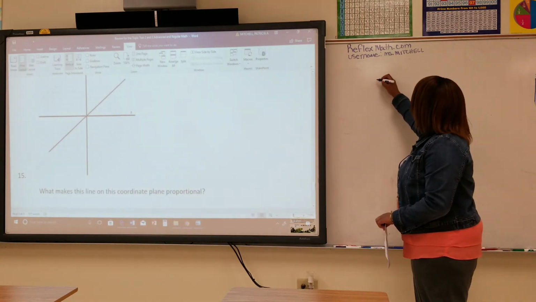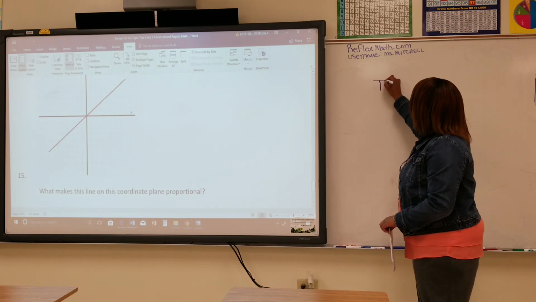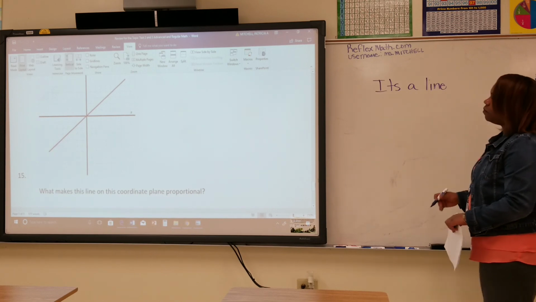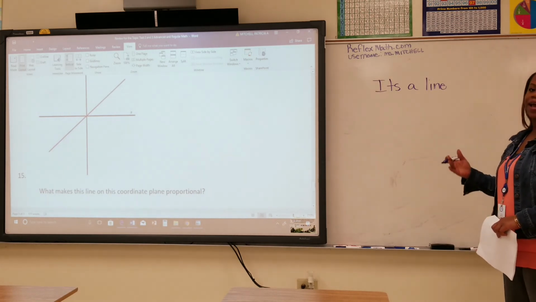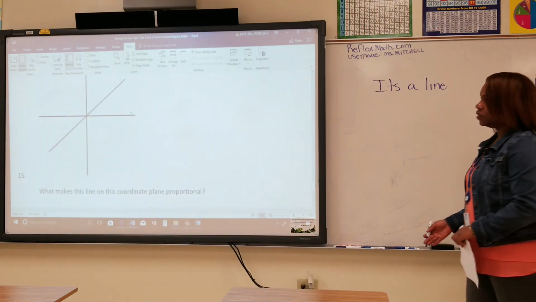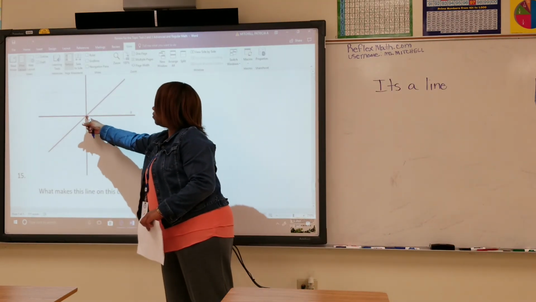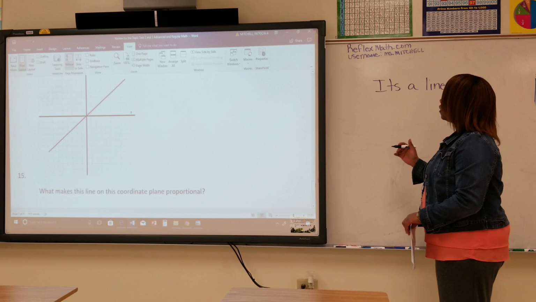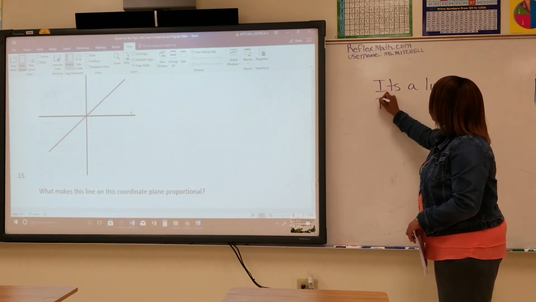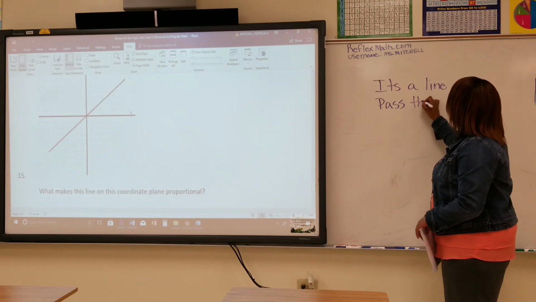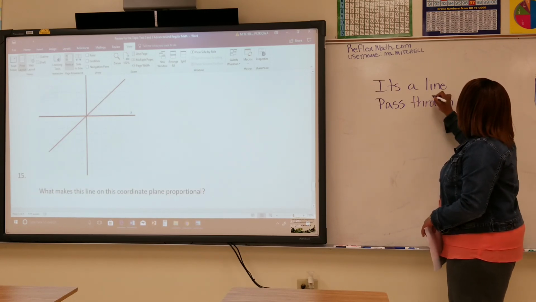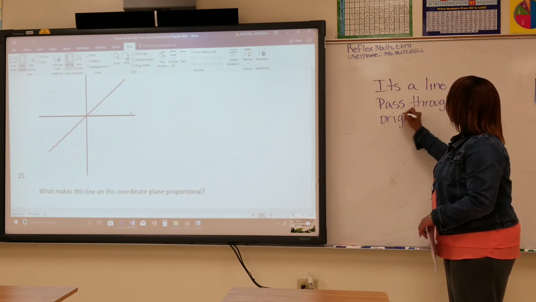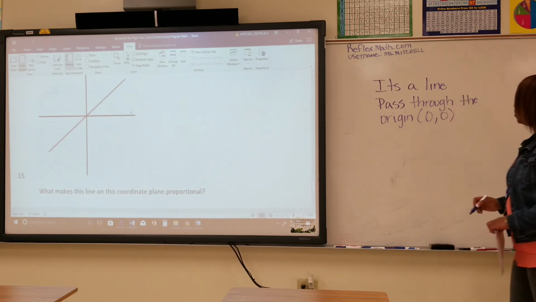So it has to be a line. So the first thing is a line. The second thing that makes it proportional is, remember, it has to pass through the origin. And the origin is right here with the coordinates of 0, 0. So not only does it have to be a line, it has to pass through the origin. And remember, the origin's coordinates are 0, 0.